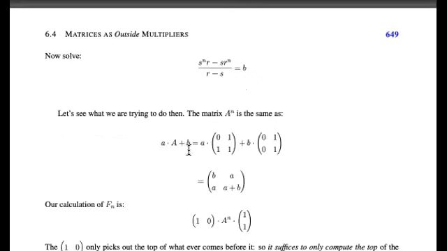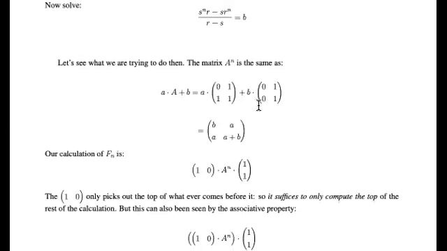So the matrix A to the n will be the same as what we just found, A times the matrix plus B, so we're going to stick in the matrix. Matrix A to the n will be the same as this. Let's take a look at this for a minute. In this calculation, there's a little bit of a typo here.